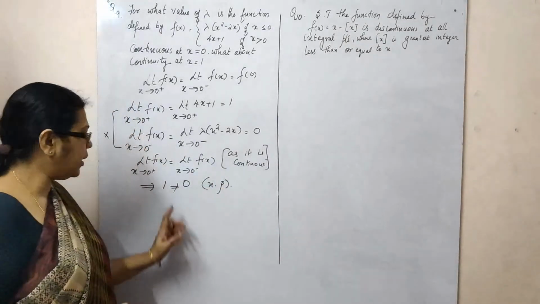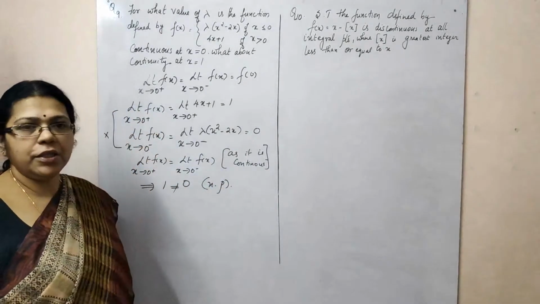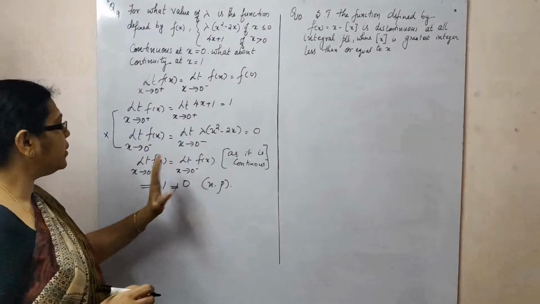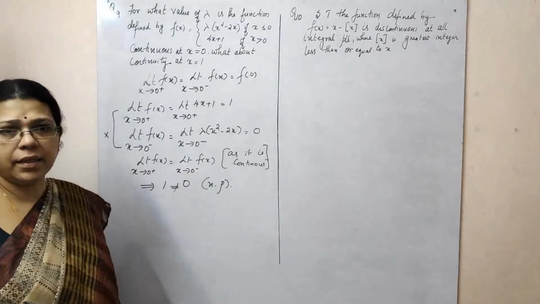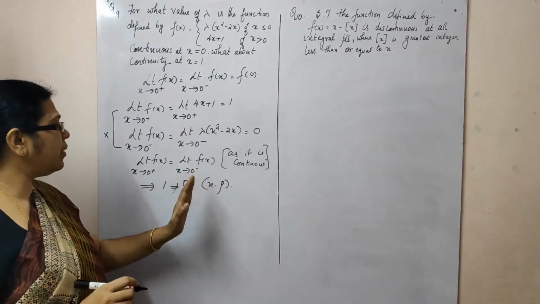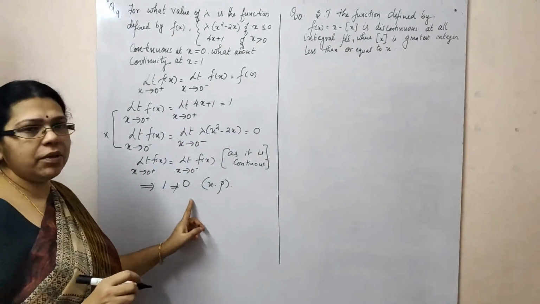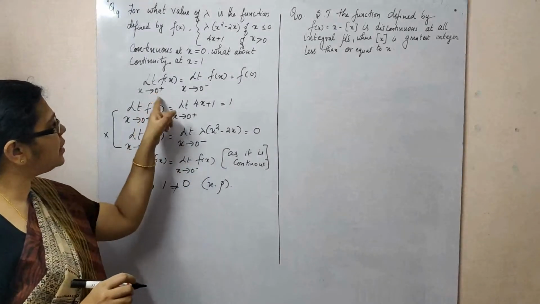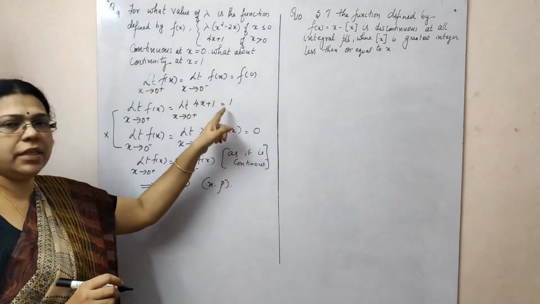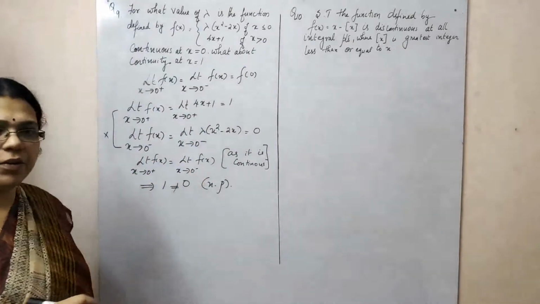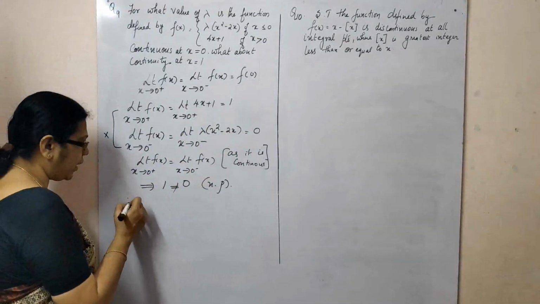This particular relation is not possible. This limit doesn't exist, right? One is having 0, one is having 1, right? So 1 is not equal to 0. If the limit exists, these two must be equal, but I cannot say these two are equal, which is a contradiction. Therefore, what can I say?